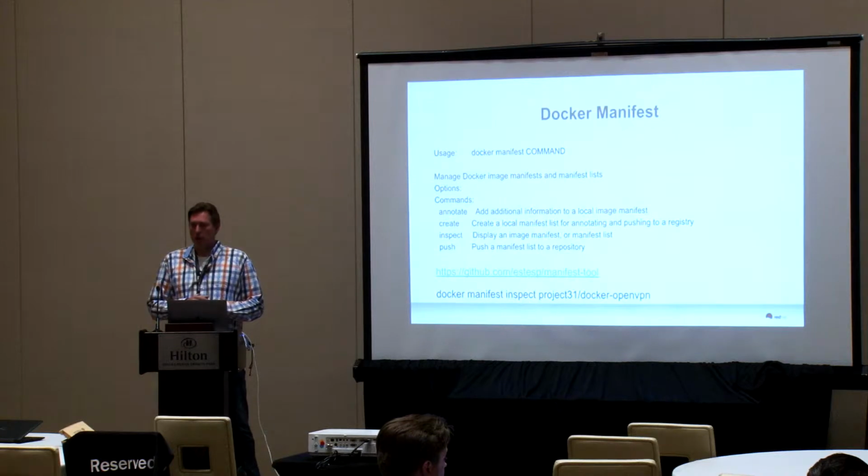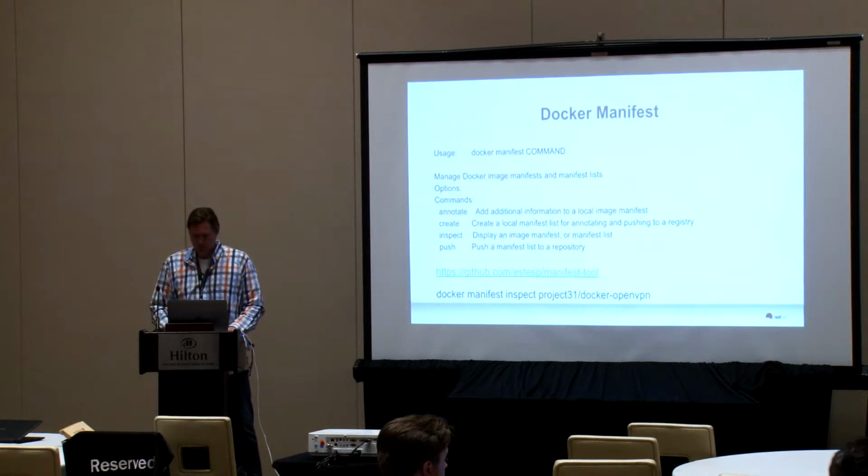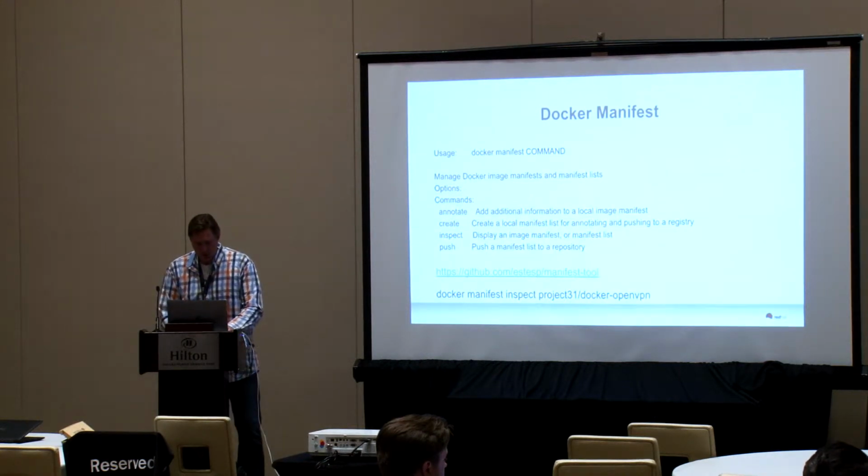Oh, I'm on ARM architecture. Let's grab the ARM bits, the ARM layers. So it just pulls in the ARM layers. It's not like the manifest makes everything twice as big. It knows I'm on ARM, so I only need the ARM layers.